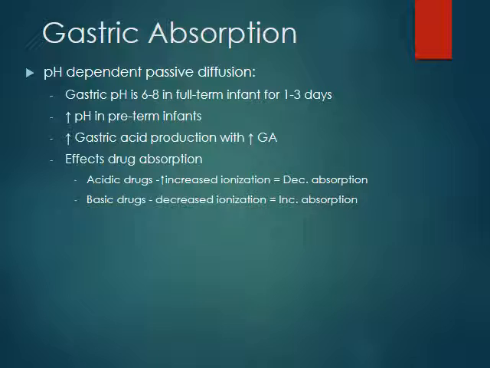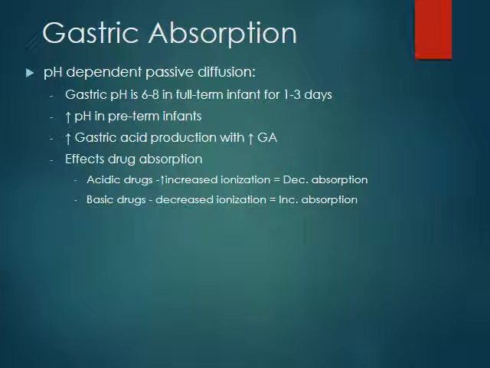So you'll see that pH will be even higher in preterm infants. They'll have a higher pH, which may or may not be suitable for absorption of certain medications. And we will see that the greater their gestational age, the better gastric acid production they'll have. So the preterm infants are going to have a little bit longer time before they get to full acid production.